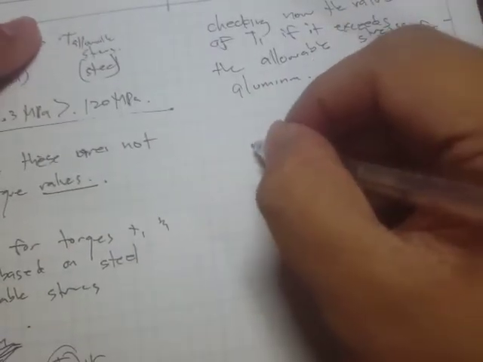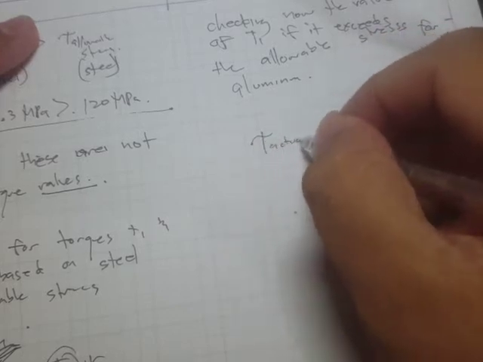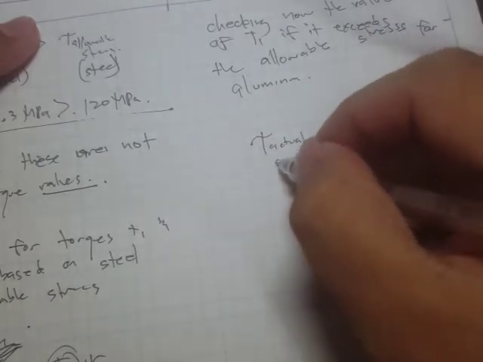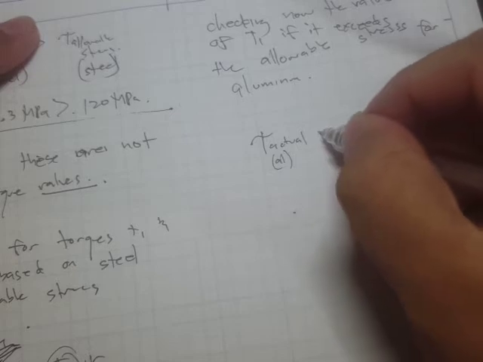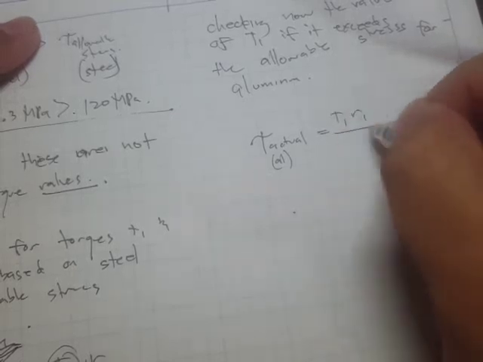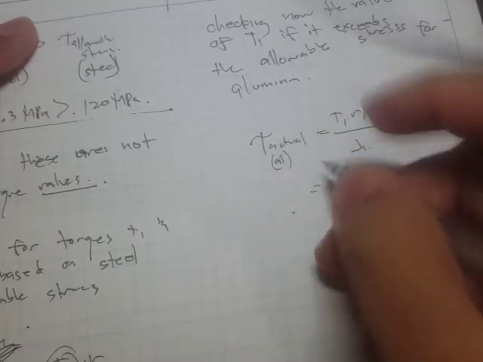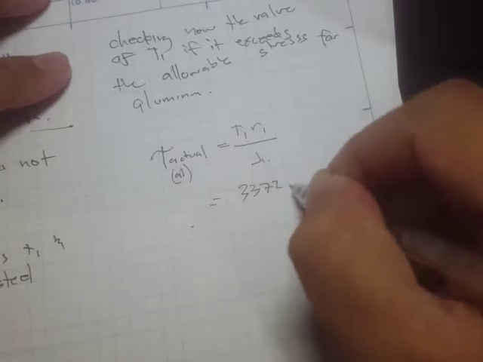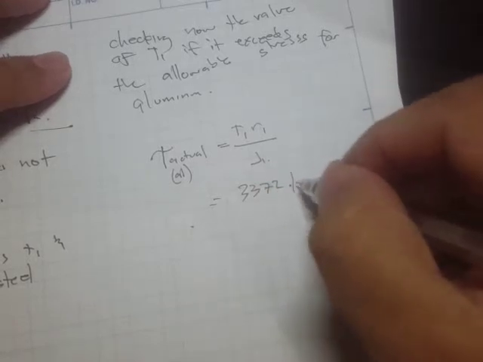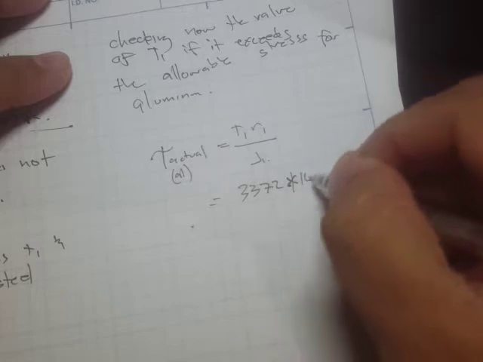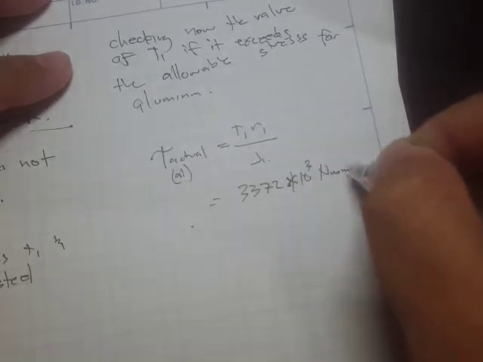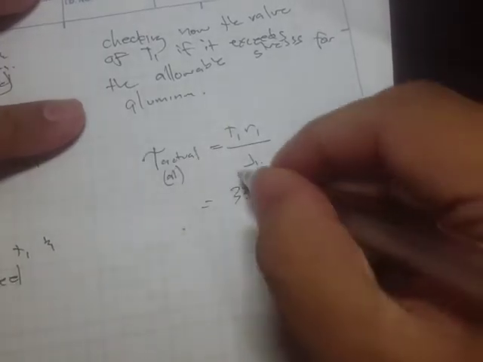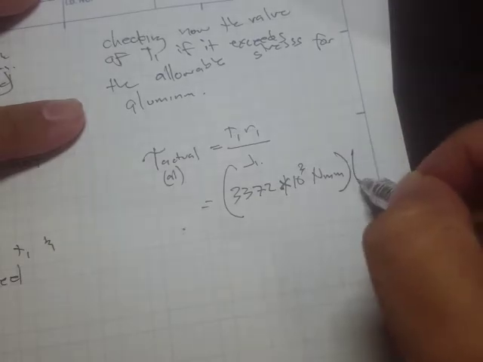Right, so shear actual for aluminum is equal to T1 R1 all over J1, and T1 is 3,372. Right, so 3,372 Newton meters, or let's multiply this by 10 to the 3 so that we get Newton millimeters, times the radius of aluminum.